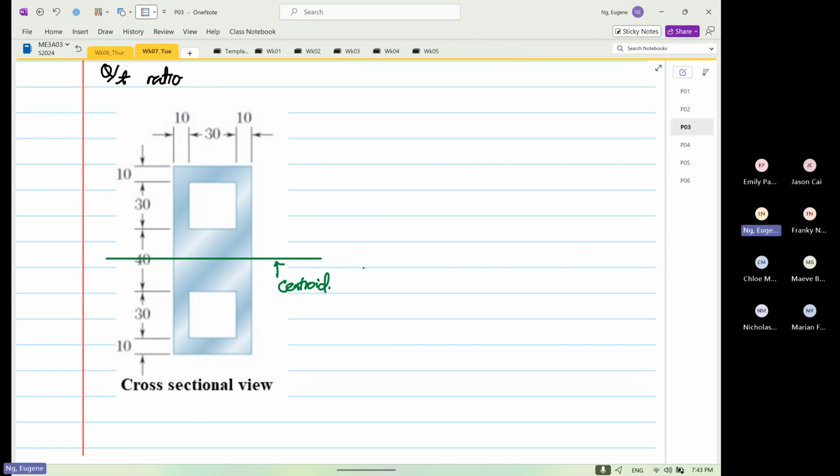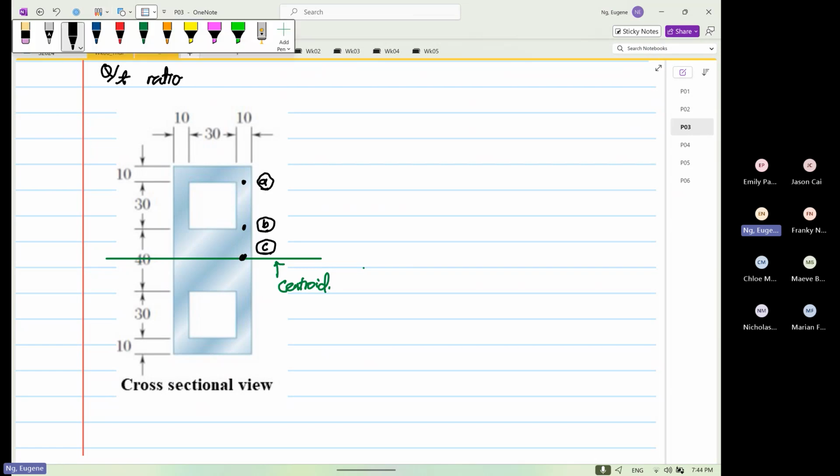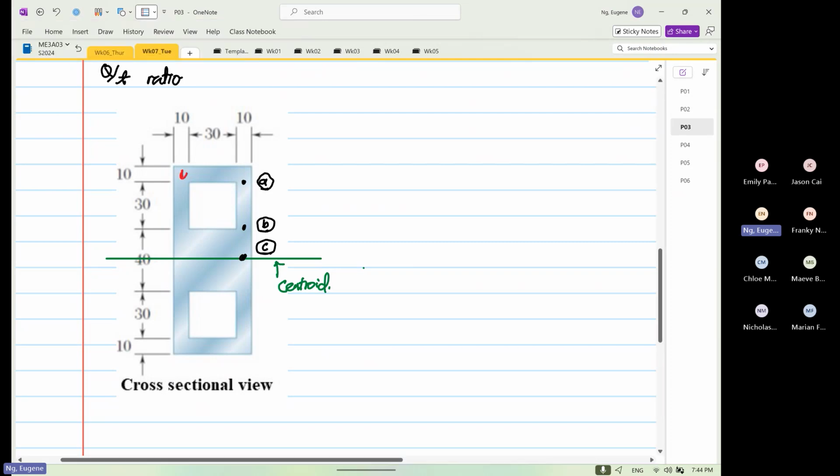So I'm going to break down the problem in this way. This is where a lot of analysis occurs. I'm going to pick this point as point A. Over here is point B, and over here is point C. And I'm going to sketch the shear flow going in this direction.